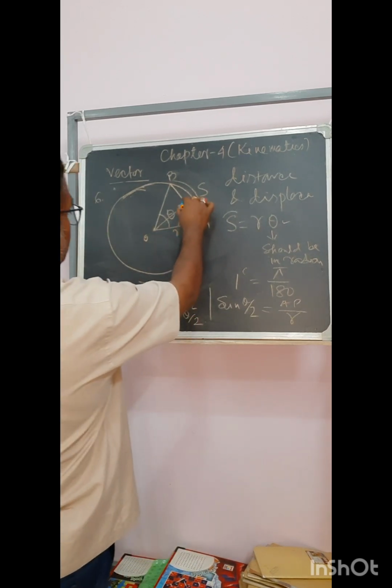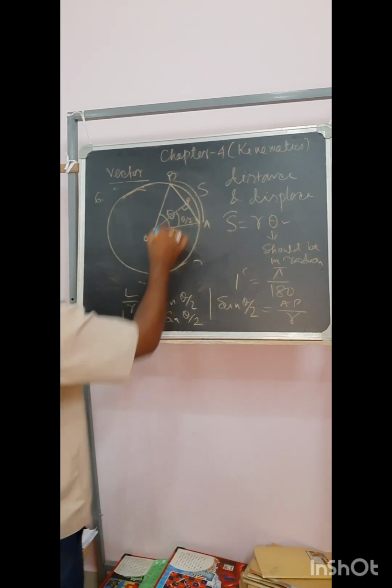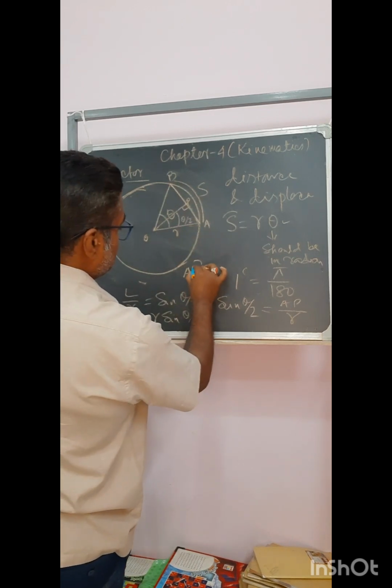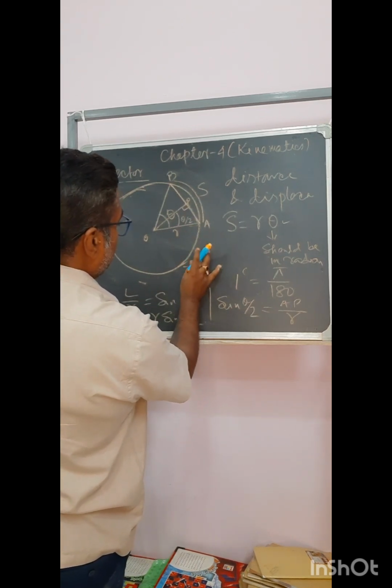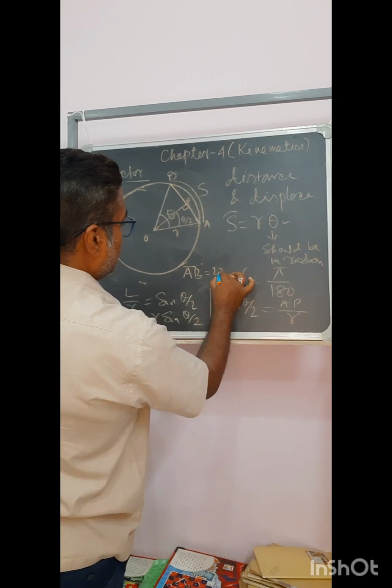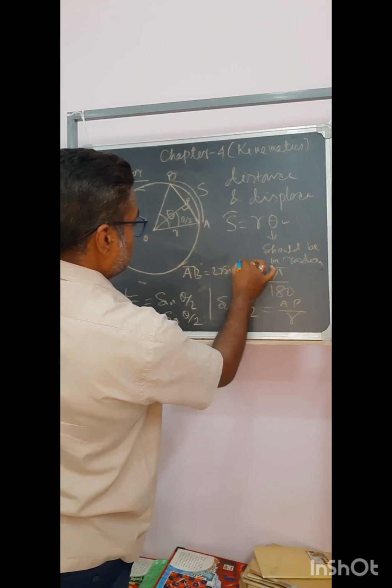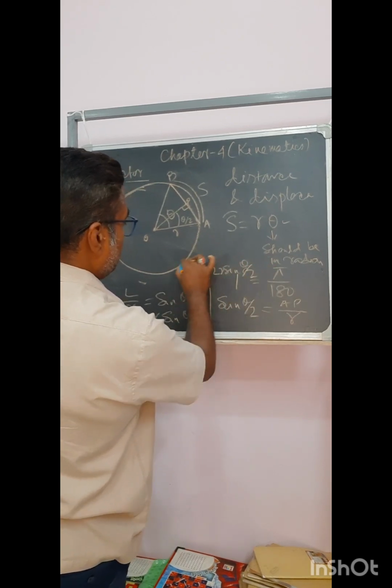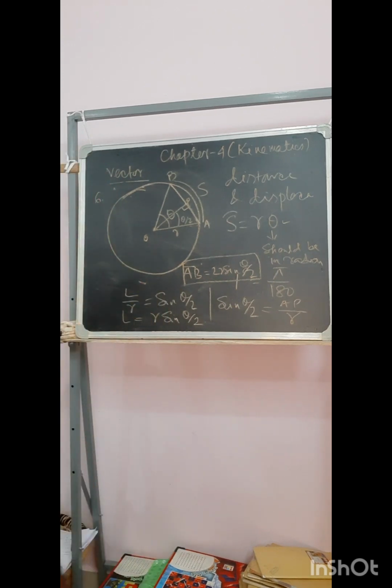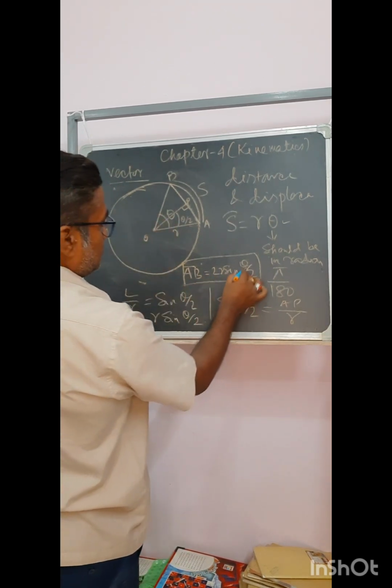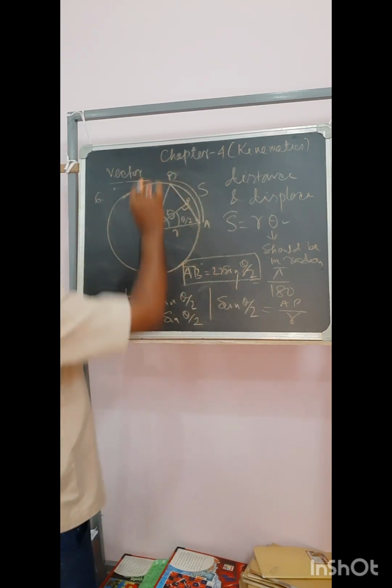So what is your total length AB? AB is 2L, so AB will be 2R sine theta by 2. This is a standard formula you can use in case theta is given and R is given. So this formula will give you the displacement.